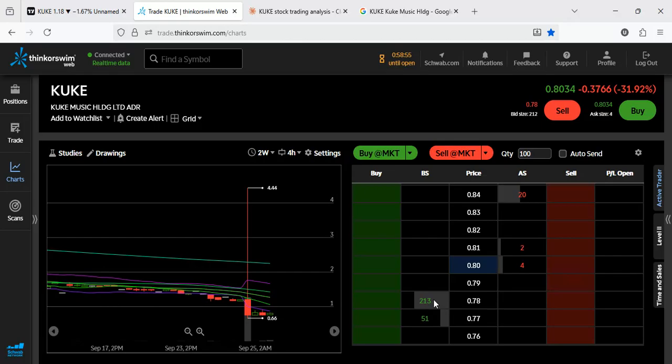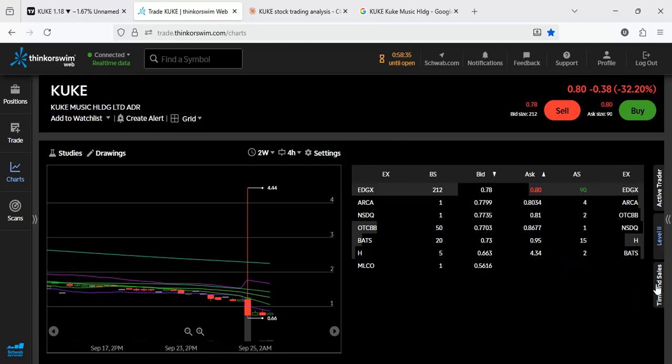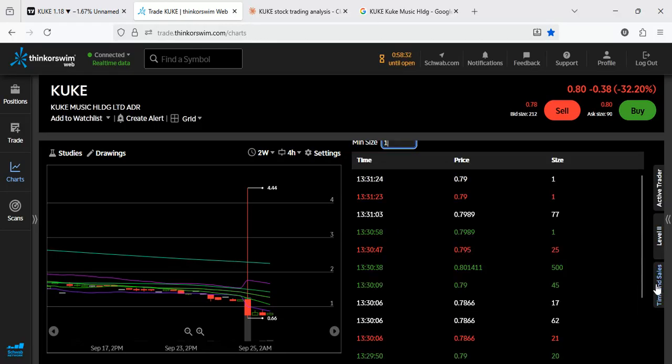You can clearly see here that participation is quite decent, with people placing limit orders here and elsewhere, so it looks liquid at the moment.